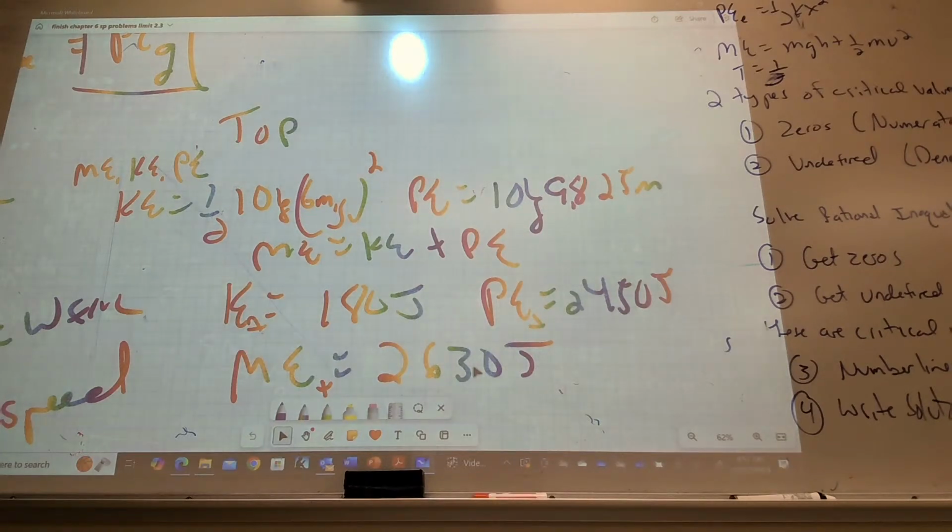Where they subtracted 280 from mechanical energy. Okay, now potential energy in the middle is calculated.